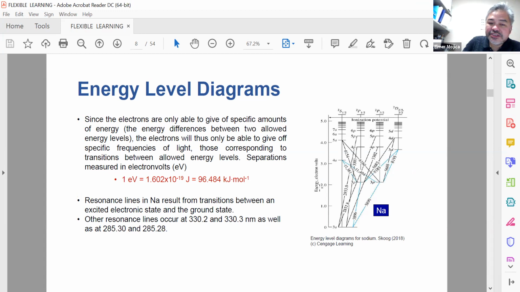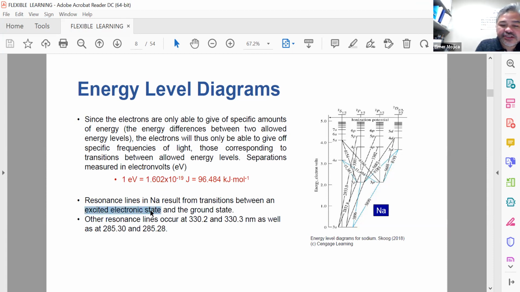You can measure the separations in terms of electron volts. 1 electron volt is 1.602 times 10 to the negative 19 joules, or around 96,484 joules per mole.